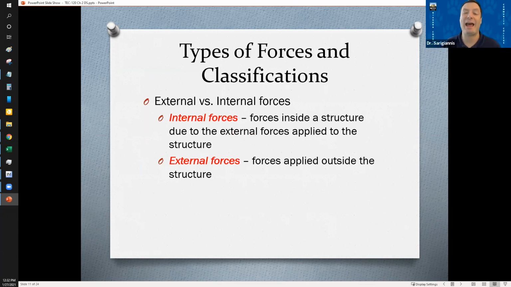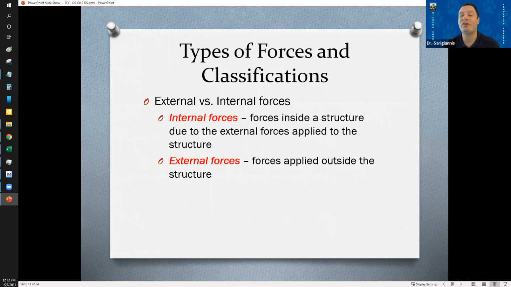You can say there's forces acting on those tires due to the weight of the car. But then you can say, okay, well, the tires are attached to the axle, which is attached partially to this shock here. And you can figure out the force on the shock, right? That's one level of internal force. It's internal to the structure of the car.